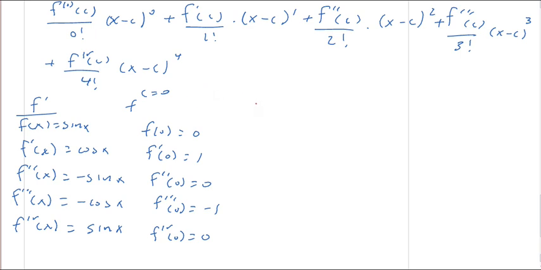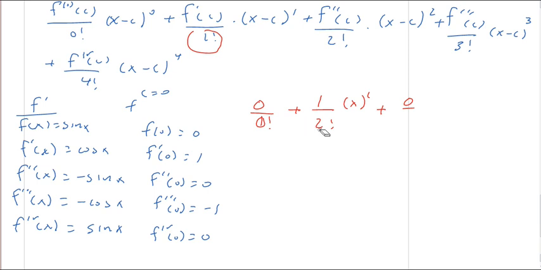The first one would just be 0 times 1. So I basically get this, which is just going to be 0. So we'll cancel that out in a second. Plus the next one would be 1 over 1 factorial times x to the first, because remember c's are 0 with the Maclaurin. Plus, okay, the next one would be 0 over, and let me make sure that I write this correctly. Here it looks like I wrote a 2. It really should be a 1.